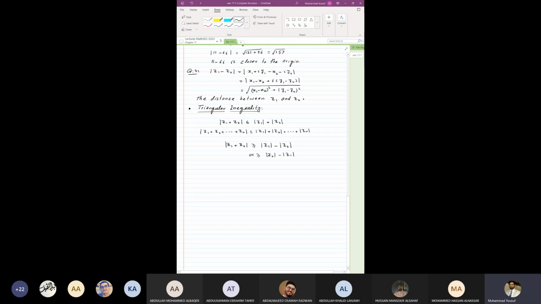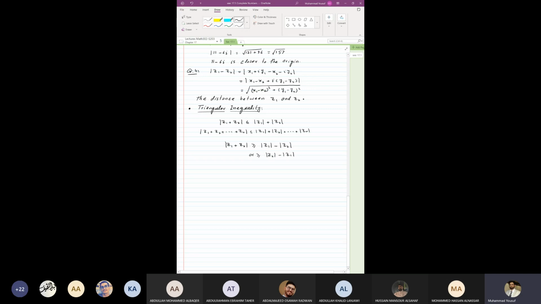So we say that the absolute value of Z1 plus Z2 is smaller than the sum of the absolutes and bigger than the difference of the absolutes. Triangular inequality, and that's it.